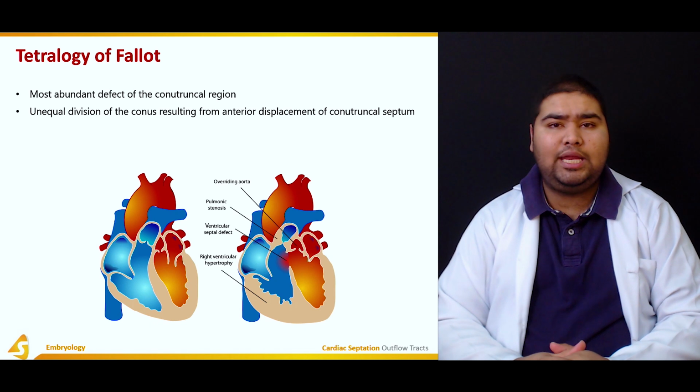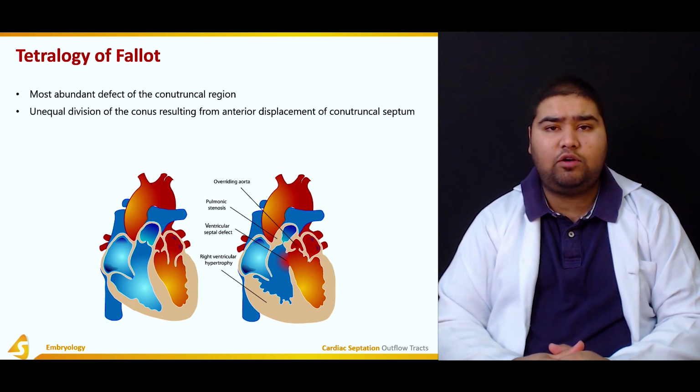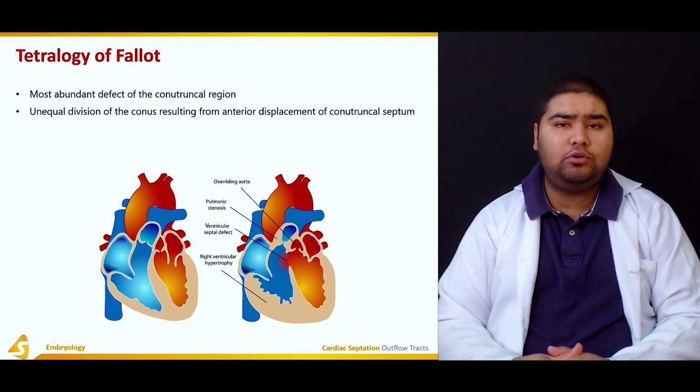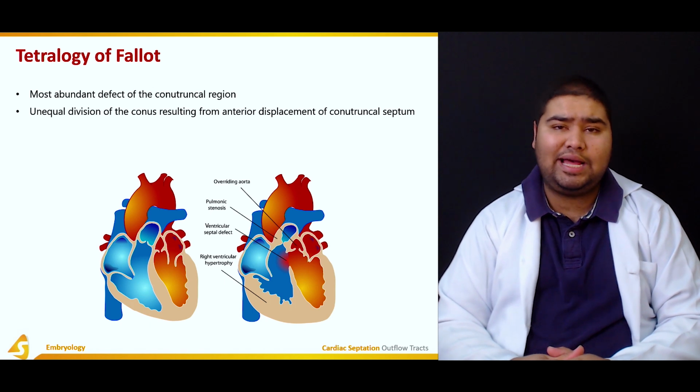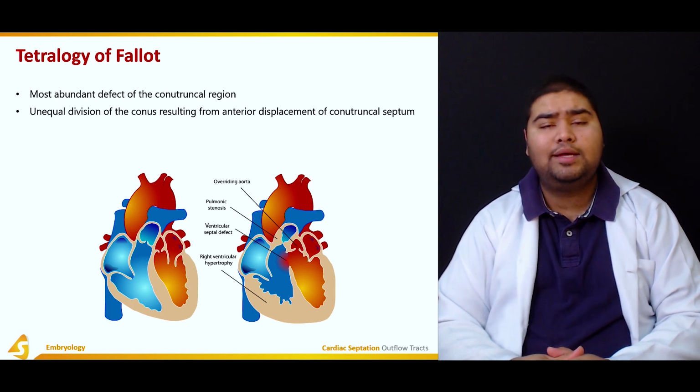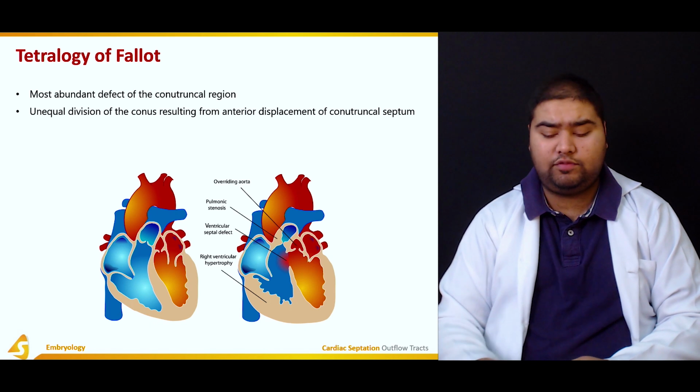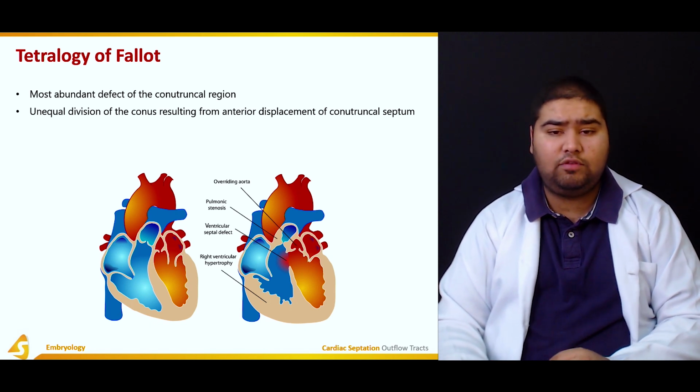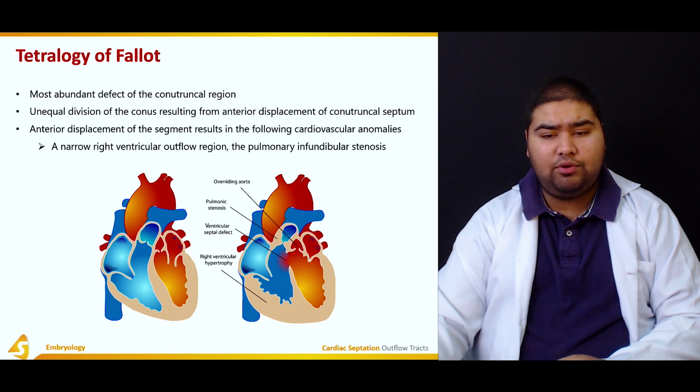So there's unequal division of the conus, which results from anterior displacement of the conotruncal septum. As a result of this unequal division, we see a narrow right ventricle.